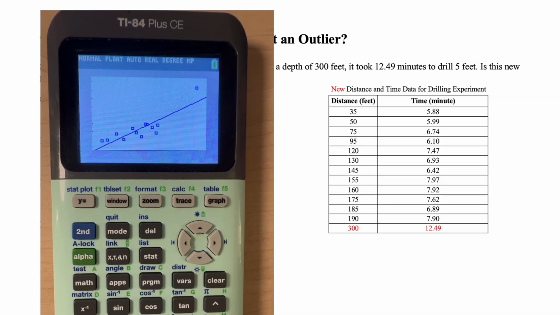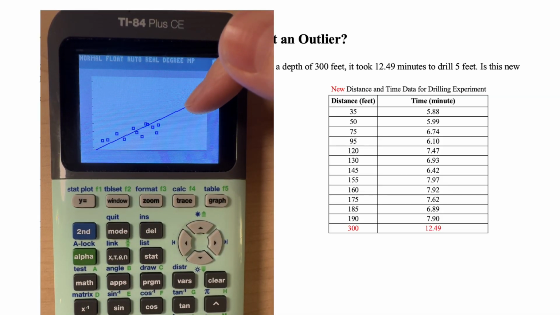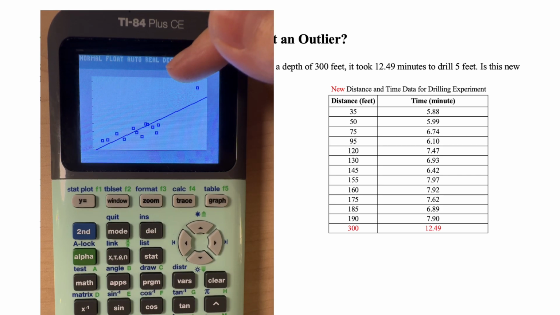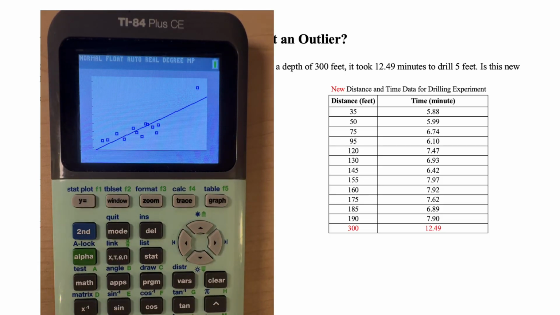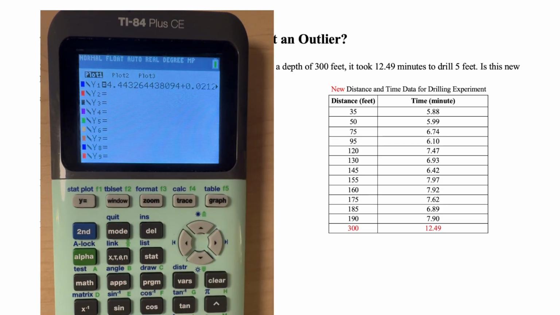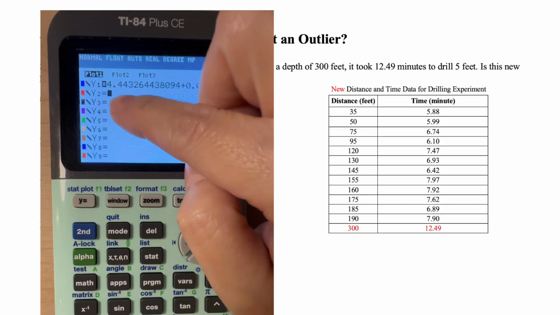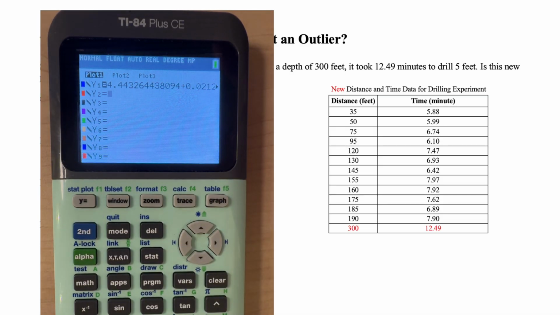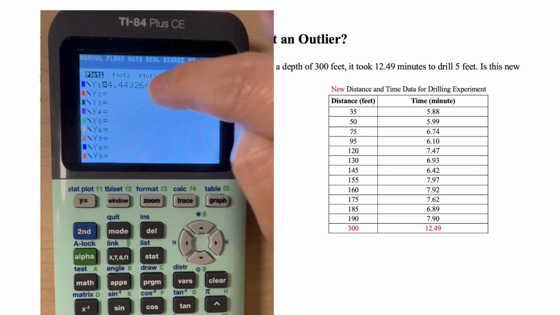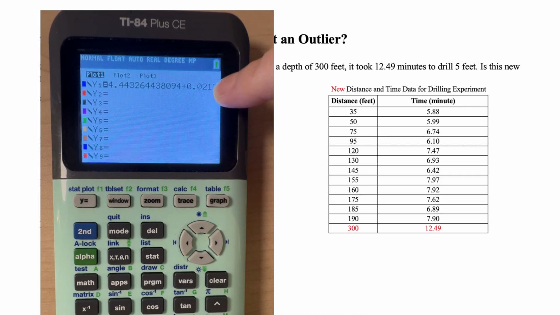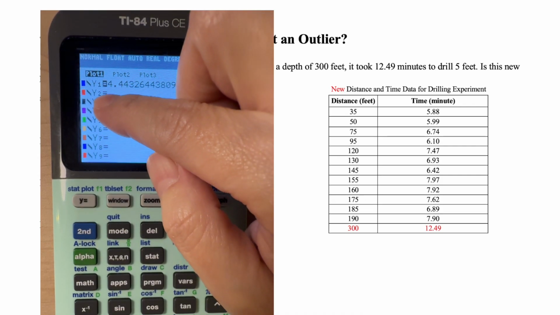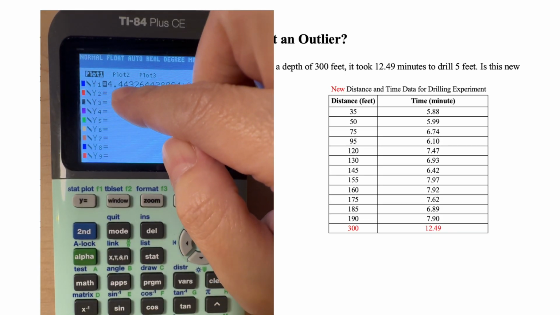Now, I want to graph the line that is two standard deviations above my regression line and also two standard deviations below the regression line. To do that, I go to Y equals. For the one above, I use Y2, which is the red one. So I want to take the regression line plus 2 times the standard deviation. Instead of typing all of these numbers in the equation here, all I do is just tell the calculator to use the equation Y1 and then plus 2 standard deviations.